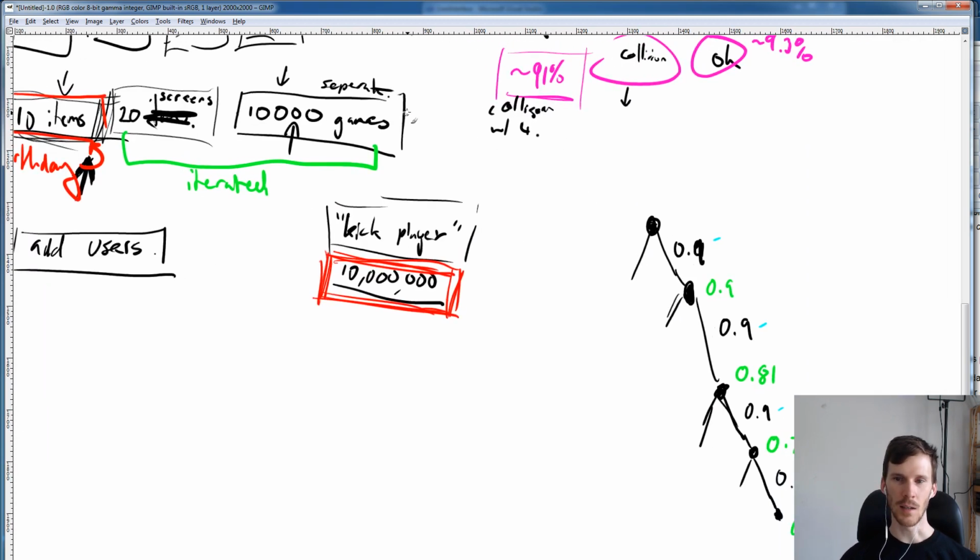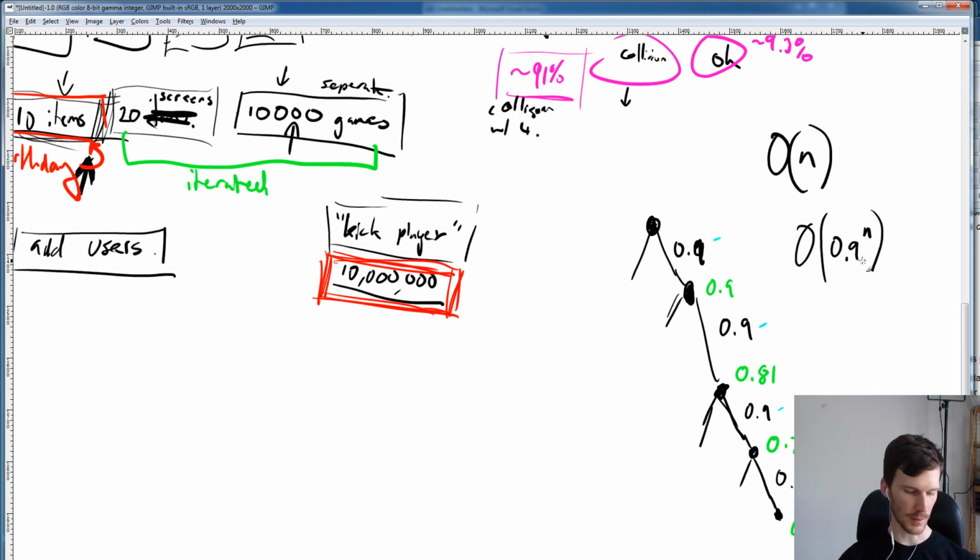So it's kind of like thinking about O(n) notation. You remember that. Yep. And if you've got like O, well, what would one of these be? This one, for example, is 0.9 to the n. No, it's actually... how would you do this?